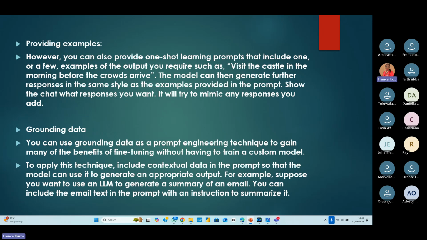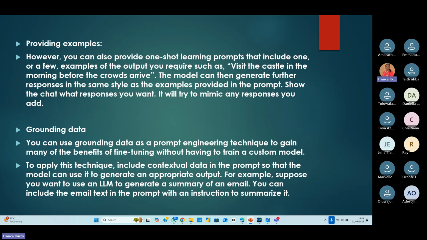Show the chat what responses you want to mimic. So you have to first train the model, then even as an engineer, you need to learn prompt engineering to improve on the prompts you write.